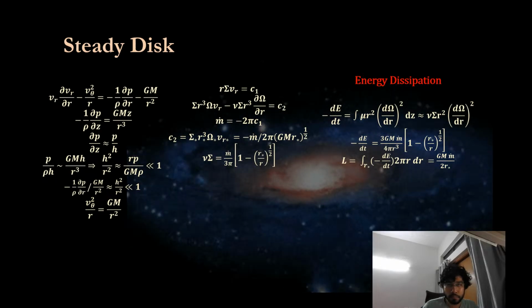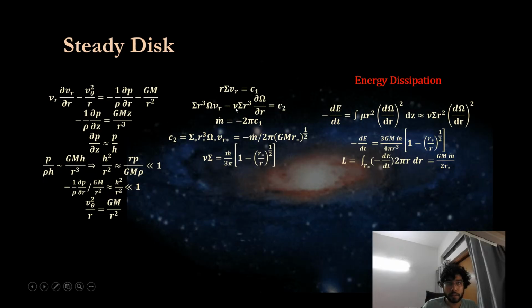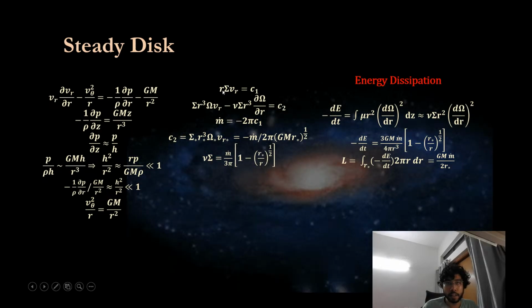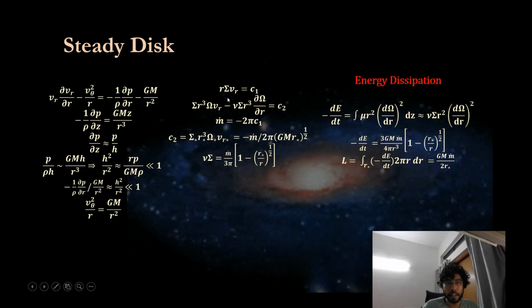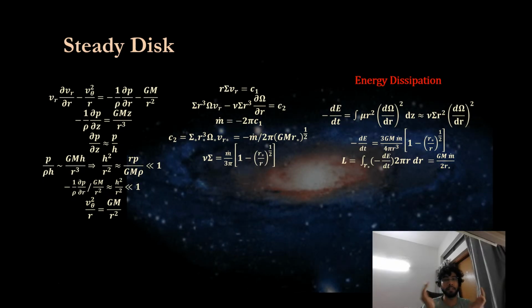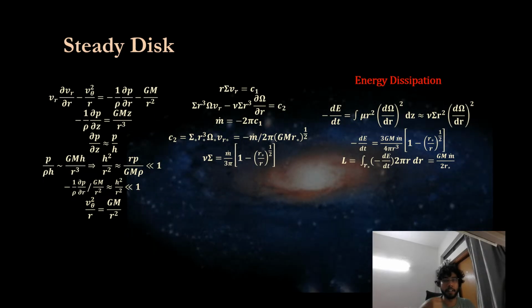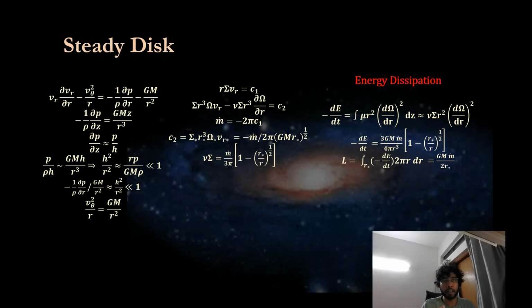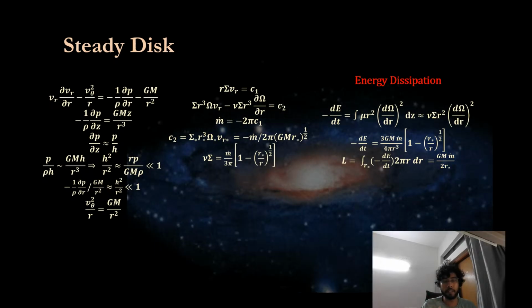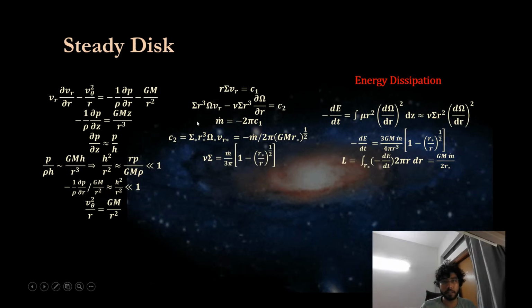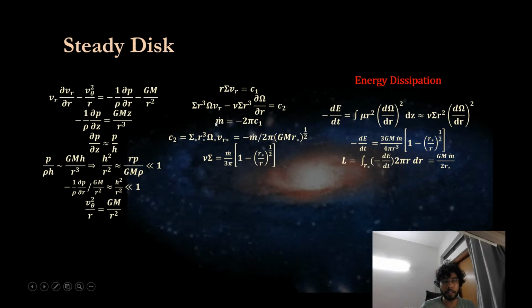So if you see the cylinder, what is its surface area? The surface area of a cylinder of height h and radius r is 2 pi r h, times the flux of density, which is rho v. That is basically the mass accretion rate.